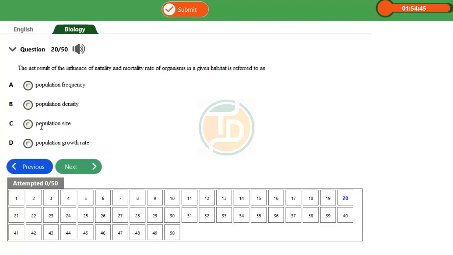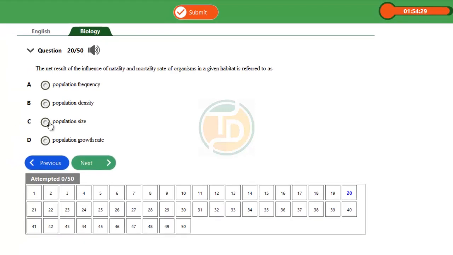That is population size, because population size is telling you the total amount of organisms you have in a particular habitat. As it stands now, the correct option to this question is C.